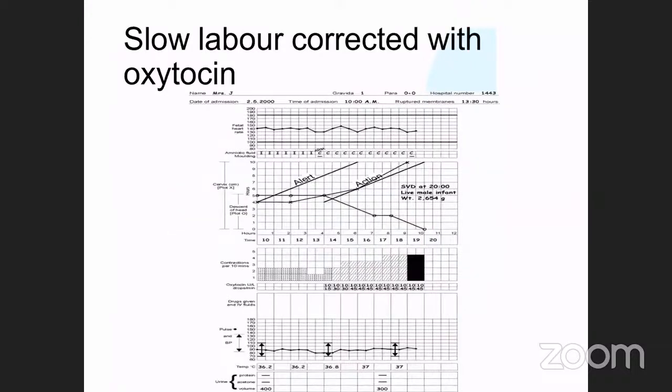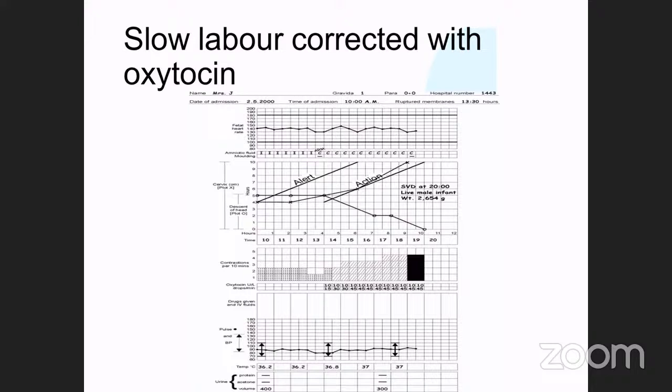Now, this photograph shows you how a slow labor is managed. The woman came in. She was admitted at 4 cm cervical dilatation. But after 2 hours, she was still at 4 cm.